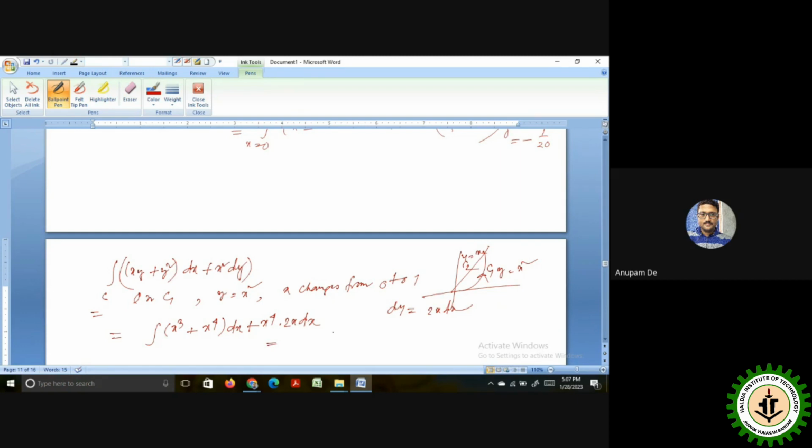Okay, so what you are getting is twice x to the power 5 plus x to the power 4 plus x cube, integration x equal to 0 to 1, dx. On integration, what are you going to get?